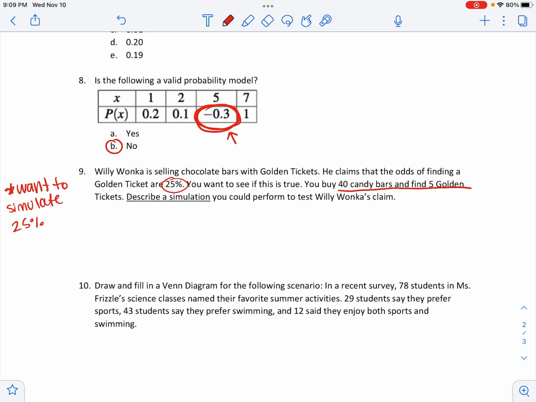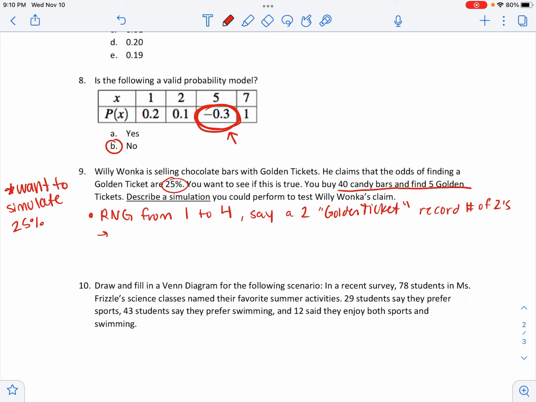So some options that you could have used is to use a random number generator from 1 to 4. Say a 2 is a golden ticket. And you just record the number of 2s. And I would repeat this, right?